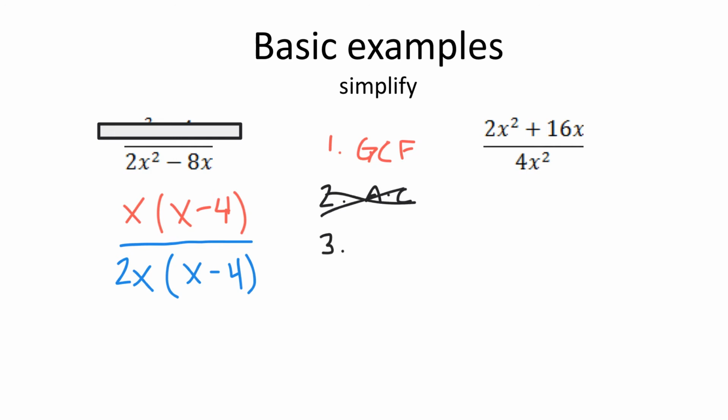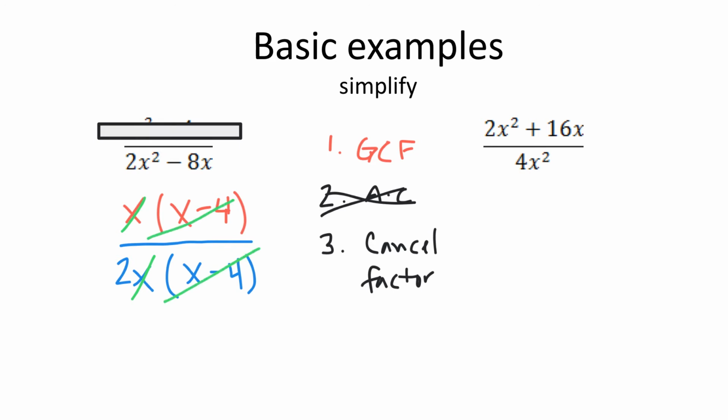So I'll just go right to the third step, which is our canceling of our factors. Now the idea here is that we can only cancel factors, but they have to be identical to each other or reducing the degrees of our variables. And so the idea here is that x will cancel x, and so those two will cancel it out. Those are exactly the same. And this x minus 4 will also cancel this x minus 4.